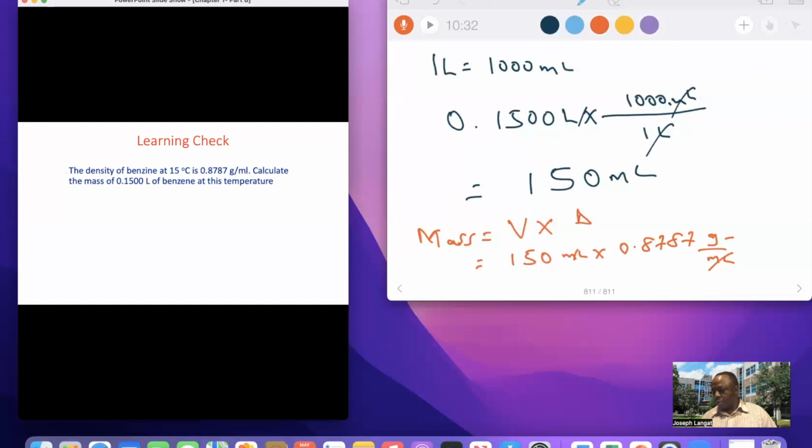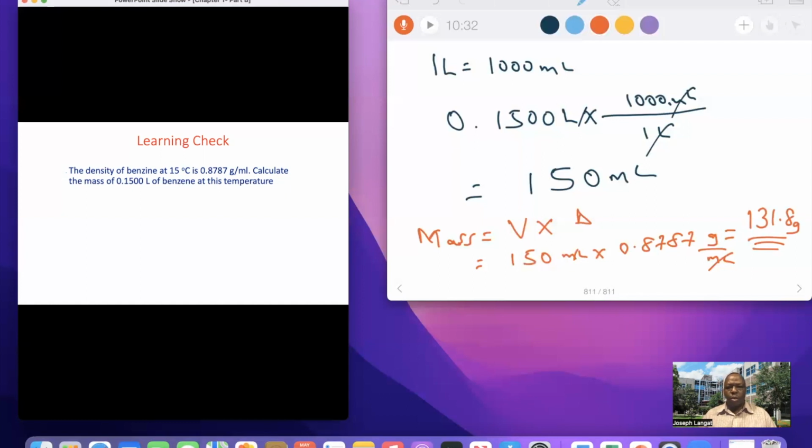This will be 131.8. Please check on your calculator. You have that. That is the mass of that amount of benzene at 15 degrees Celsius.